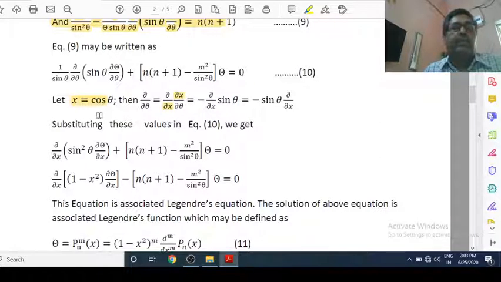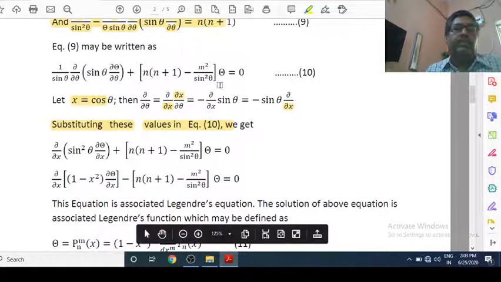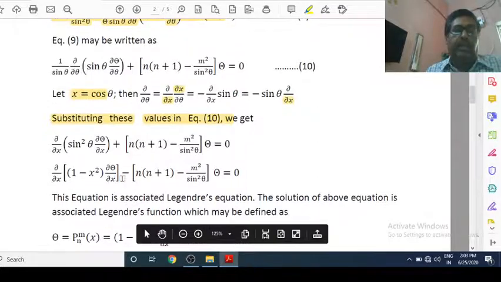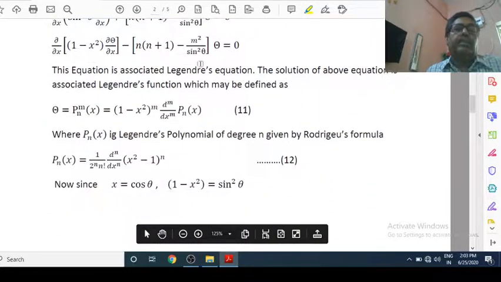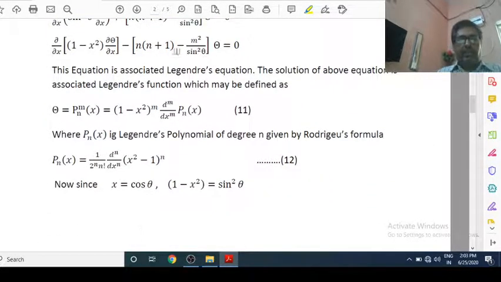And here del x by del theta, from this it is minus sine theta. So this one. And these values are substituted here. We get the equation. This equation is the associated Legendre equation.